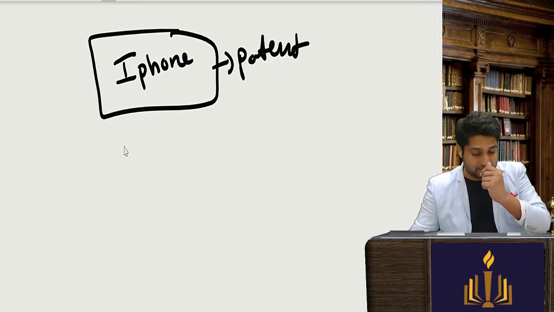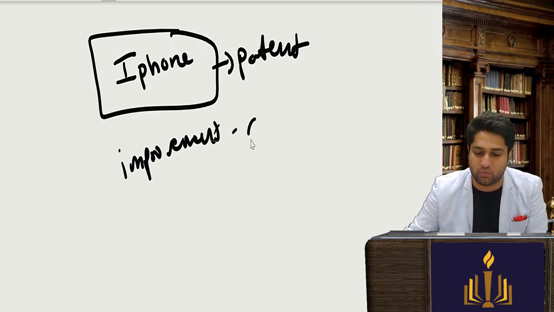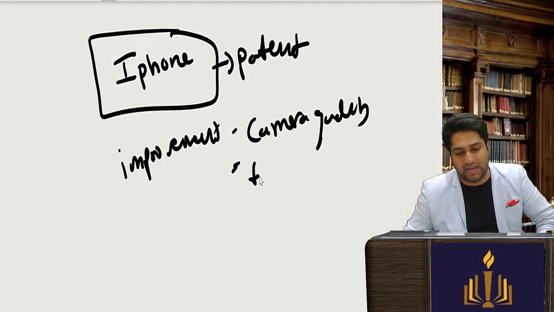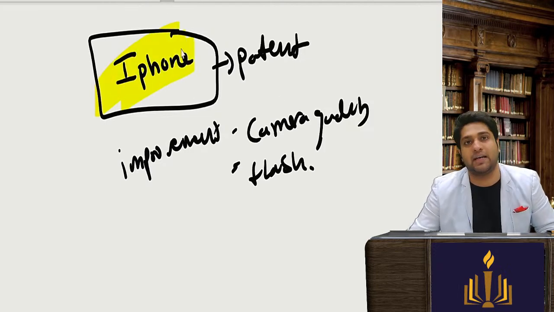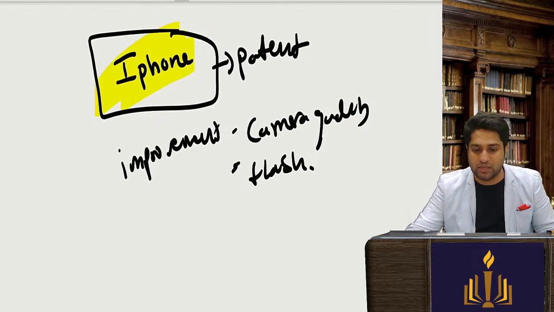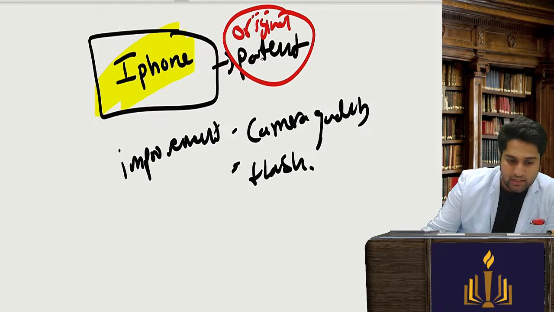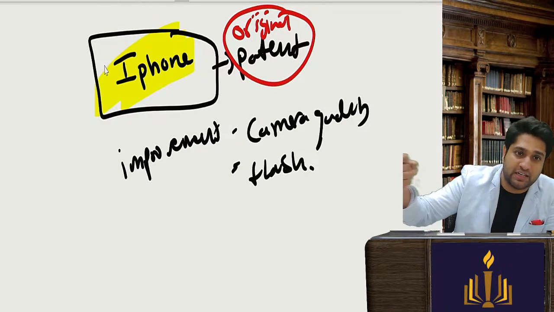Out of that, they have done some improvement to the camera quality, or decided that the front camera should have a flashlight. The original patent is for the phone, and there is some upgradation, a new version that has come. Now understand why this provision of patent of addition is there.